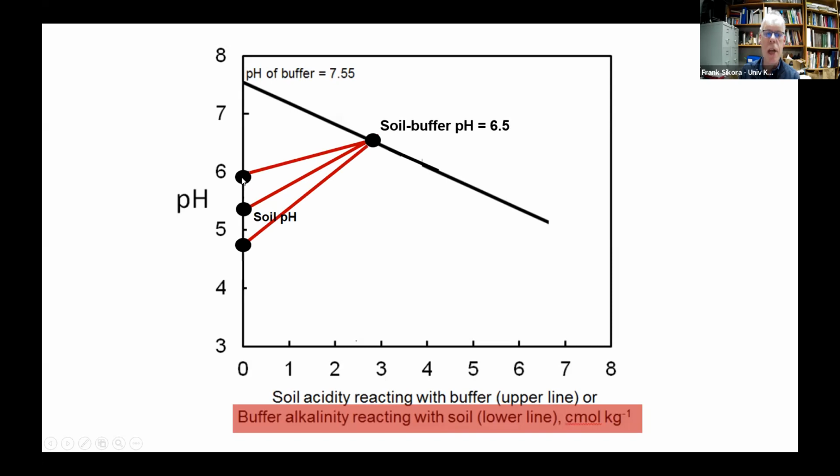But if the pH is higher, you would require less lime to get to that target pH. But if the pH is lower, you would require more lime. So this is just graphically trying to make sense of what was in the table: the lime recommendation should not only be based on the soil buffer pH, but also on the initial soil pH.